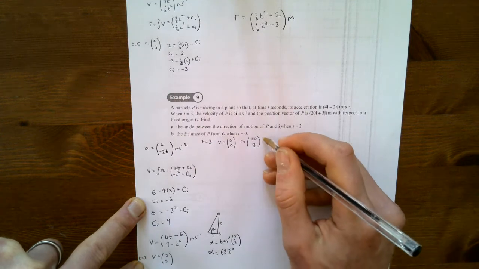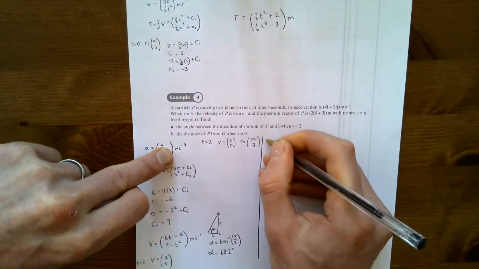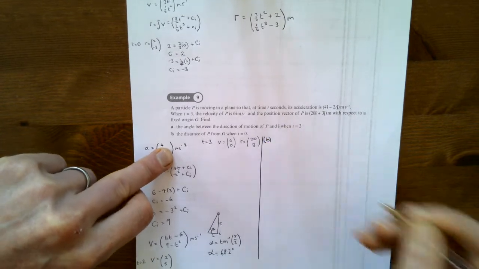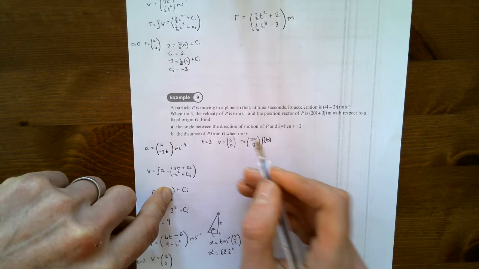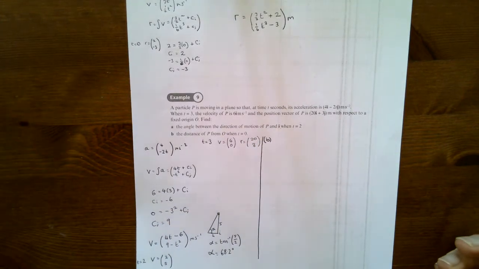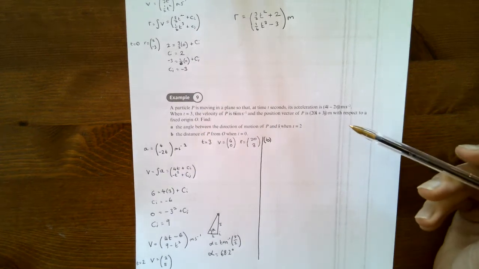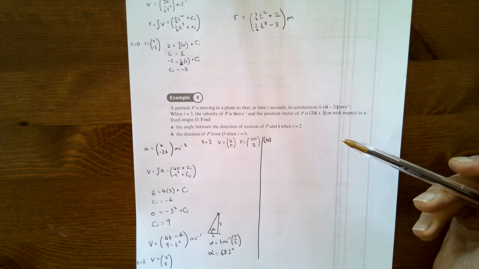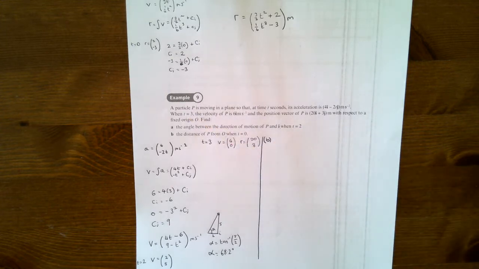Okay, moving on. Let's get on to part b. We want the distance between P and O when t is equal to 0. O is obviously the origin, (0, 0). We've got the position vector when time is equal to 3. We need to work it out when time is equal to 0.